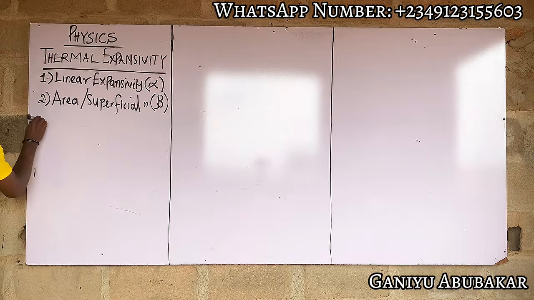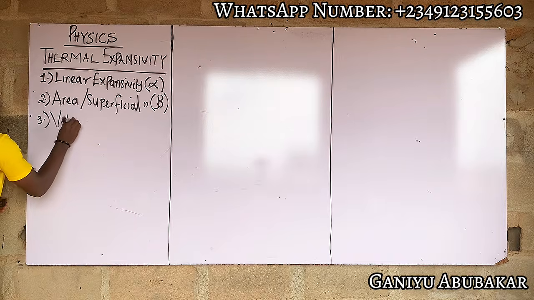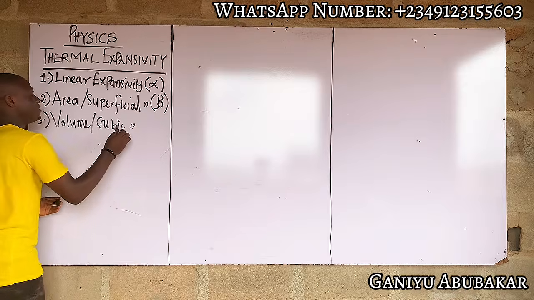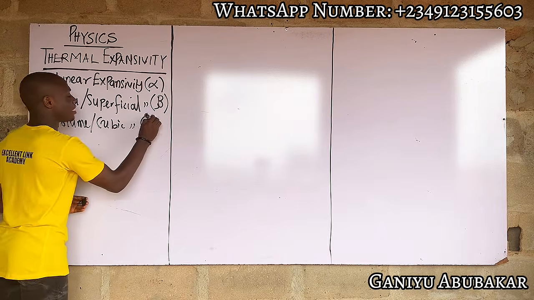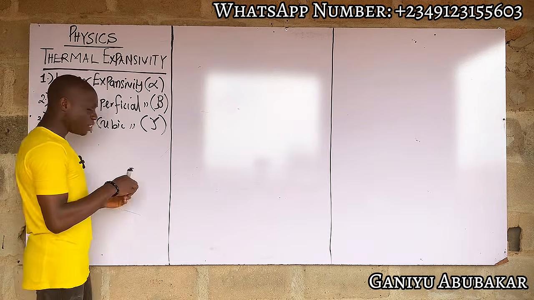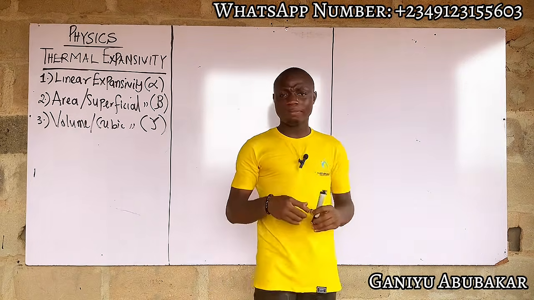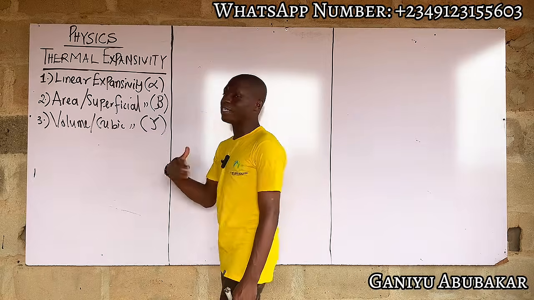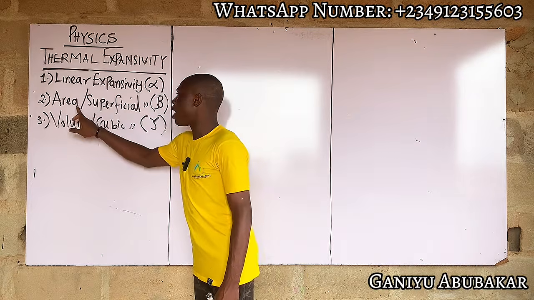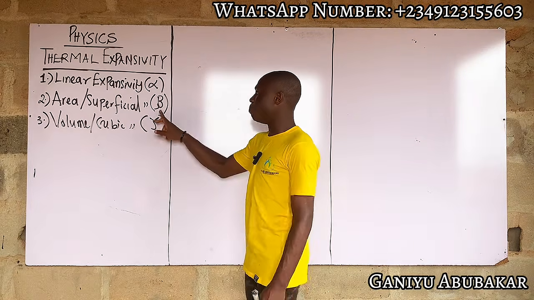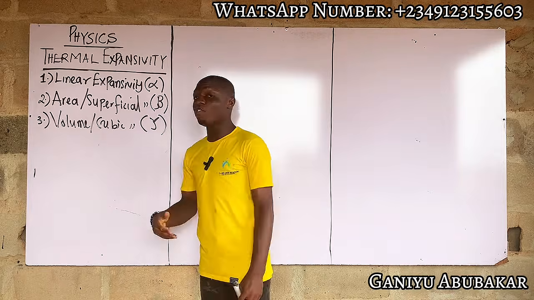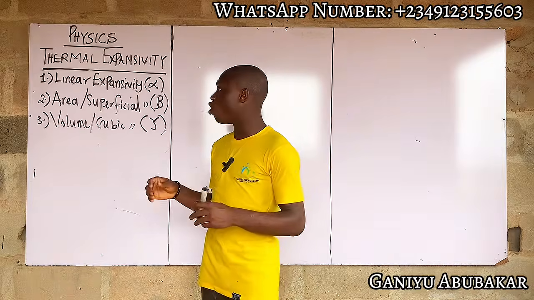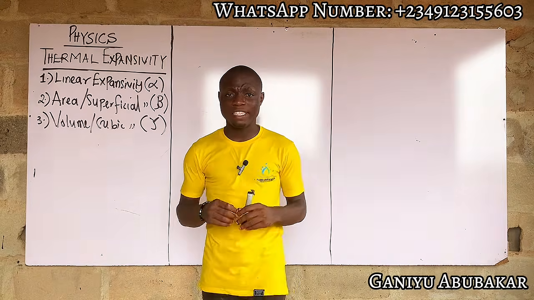While the third one is called the volume, or cubic expansivity, which is abbreviated as gamma. So these are the three kinds of expansivity we have. So let's look at the first one, called the linear expansivity.